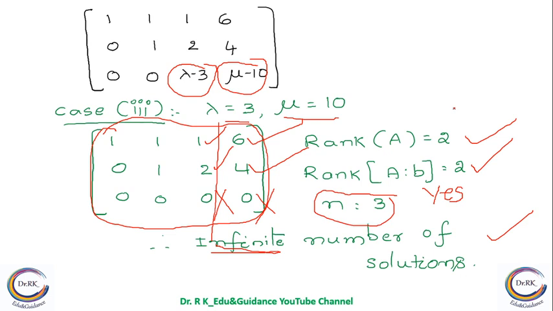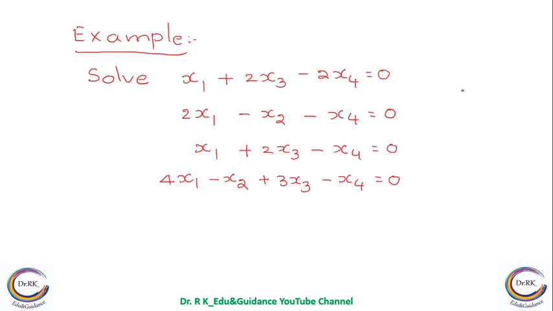So let us try with a homogeneous system also. One example, right? So here it is very easy to say. No B here, B equal to 0. So again I repeat, here there won't be any inconsistent case. A homogeneous system is always consistent.